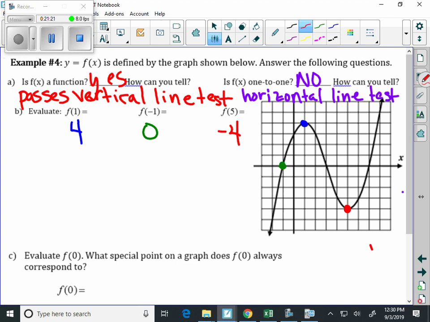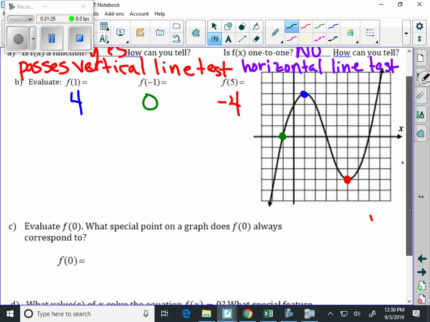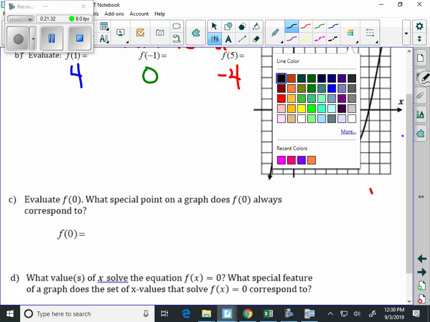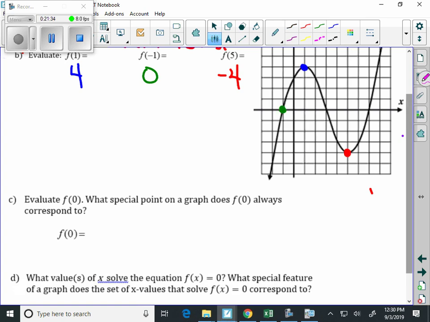And part C continues on, still looking at the same picture, still doing the same thing. Evaluate f of 0. Well, f of 0 is going to be at this pinkish purple point, which is at 1, 2, 3.